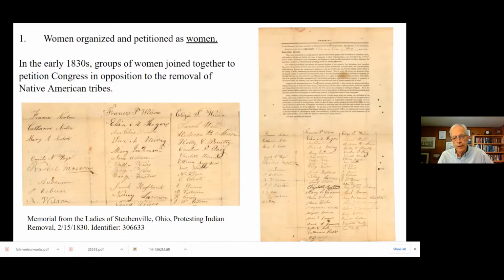Now, this is significant because in the 1830s, there are 2 things going on. One is the grassroots politics development that's going to bring common people into politics. But the other is the emergence of the idea of separate spheres, the idea that women should confine themselves to domestic activity. They should be angels of the home and leave sordid, corrupt things like politics to their husbands or their brothers.